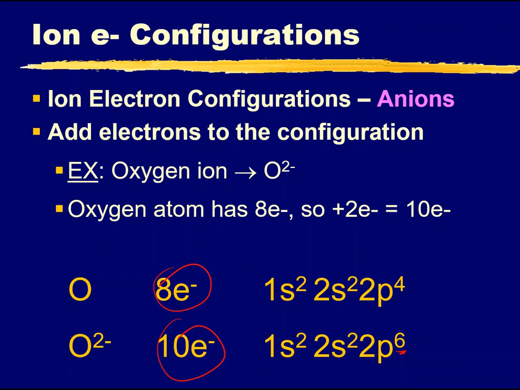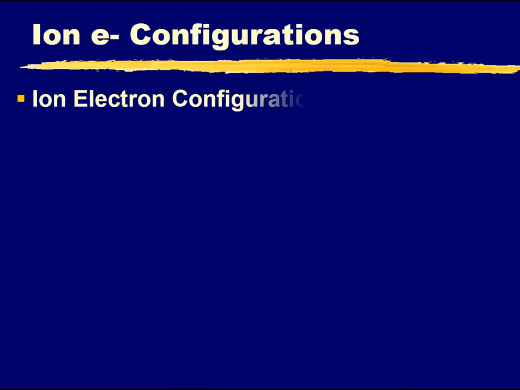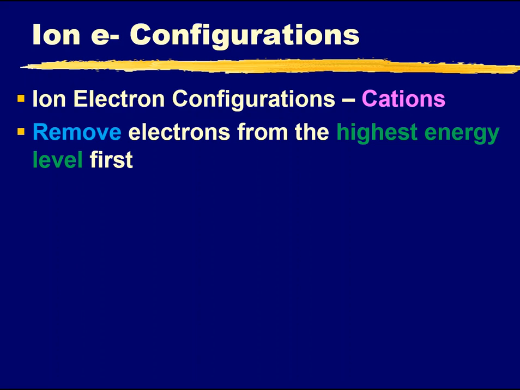The harder part is the cations. They are a little bit different. Cations, remember, are atoms that lose electrons, so they're giving away their electrons. You have to remove electrons from the highest energy level first. That's where you take them away from. The highest energy level is designated by the principal energy level number, the n number.